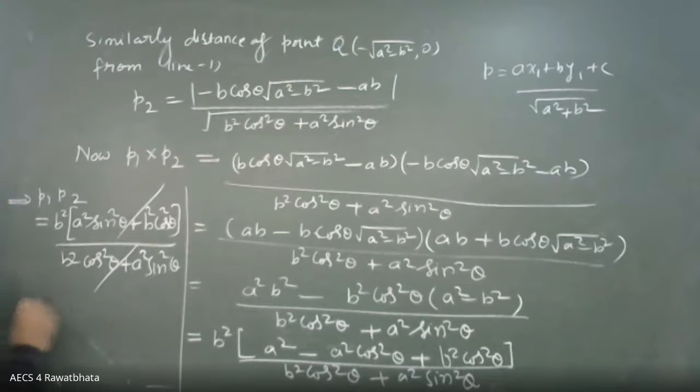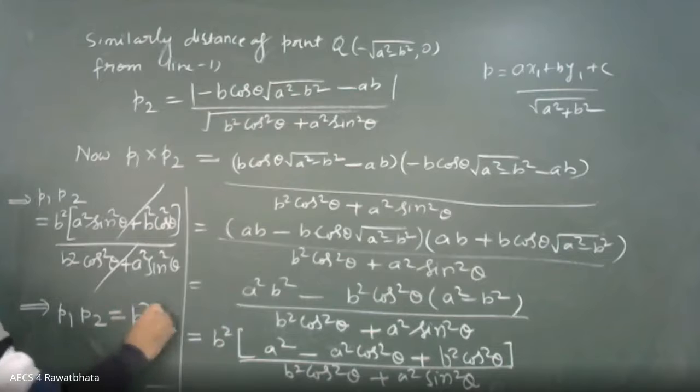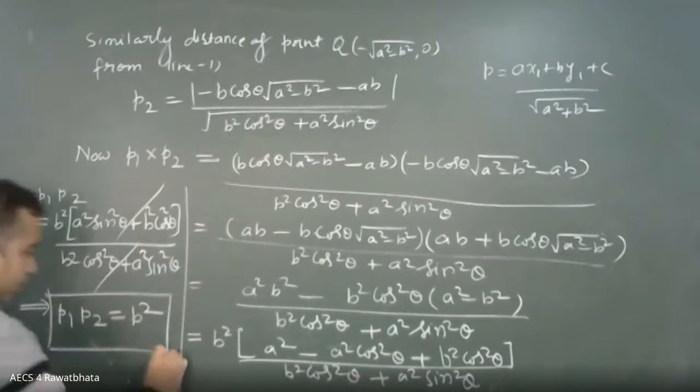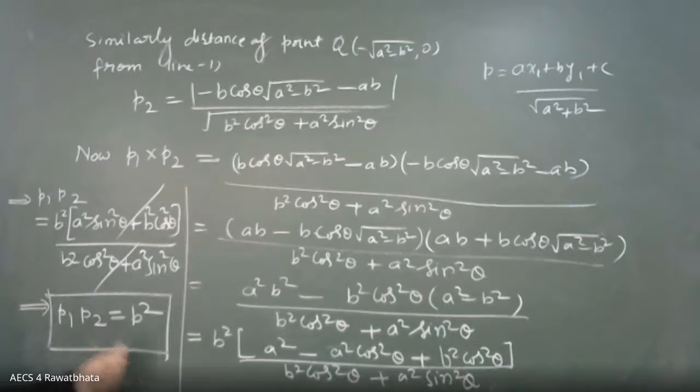And here I get P1 P2 equal to b square. So you saw, this is the final proof that the product of their respective distances is b square.